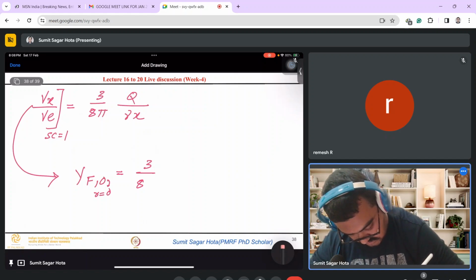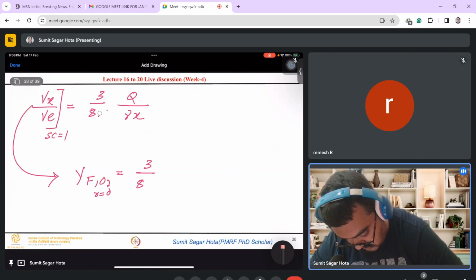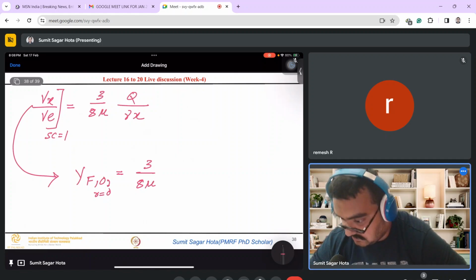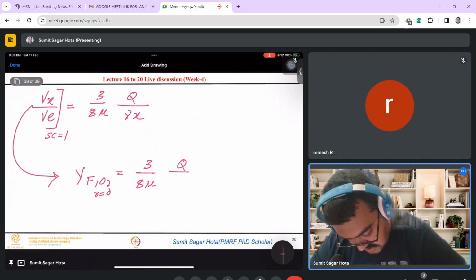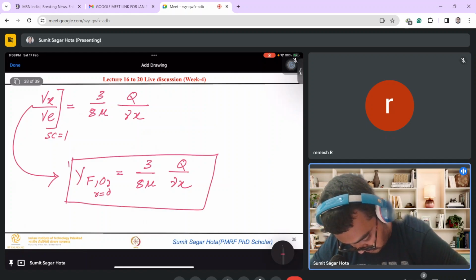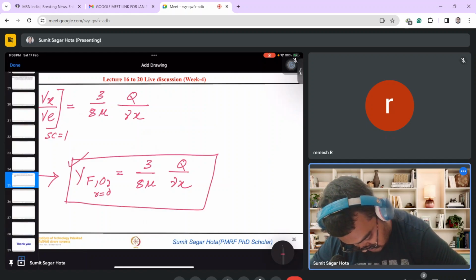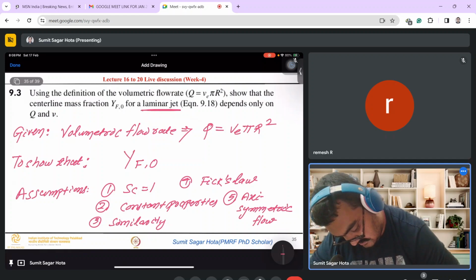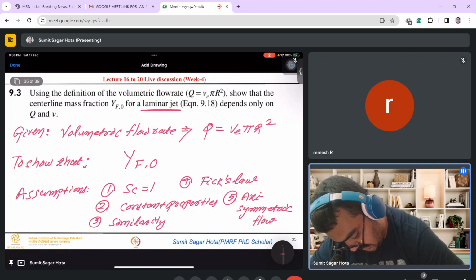Sorry, yeah, this is actually nu. Yes, 3 by 8 pi, Q by nu x. This is actually the real formula. And what is your Y_F0? It is the center line mass fraction.